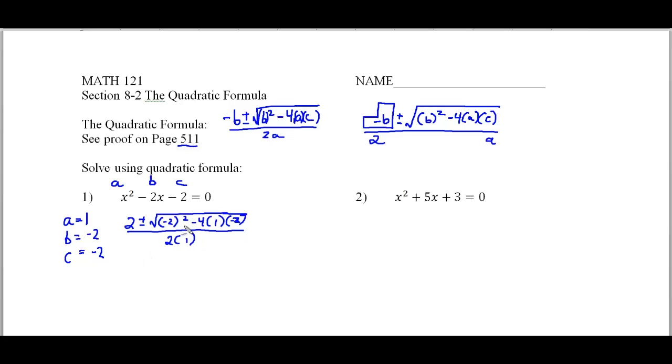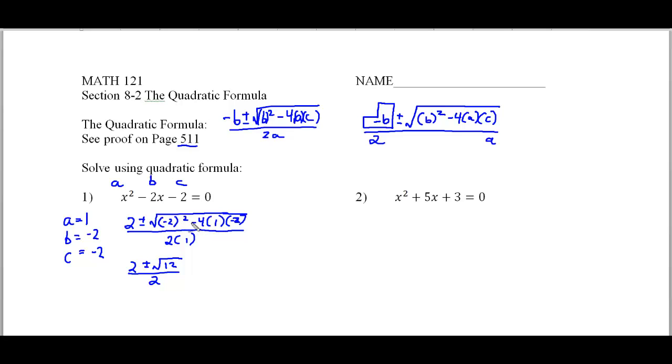Now, I would suggest that you compute this discriminant first, or the work underneath the radical. Using technology, you get 2 plus or minus the square root of 12 divided by 2. Now, if you didn't get 12 under the radical there, a common mistake is that you're typing in negative 2 squared and not using parentheses, because the graphing calculator needs to have parentheses if you want the negative 2 to be properly multiplied.